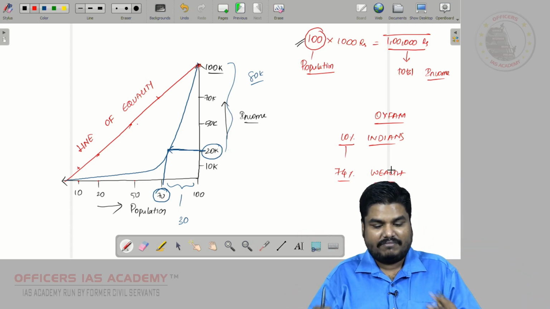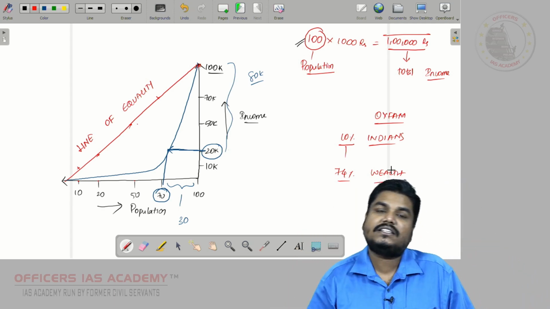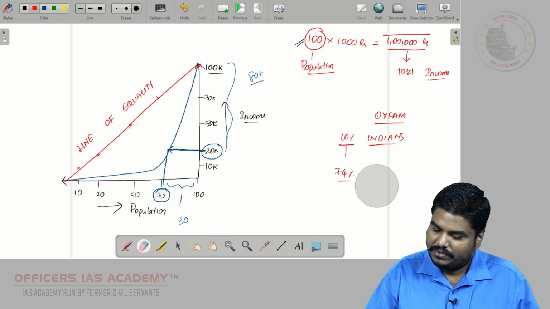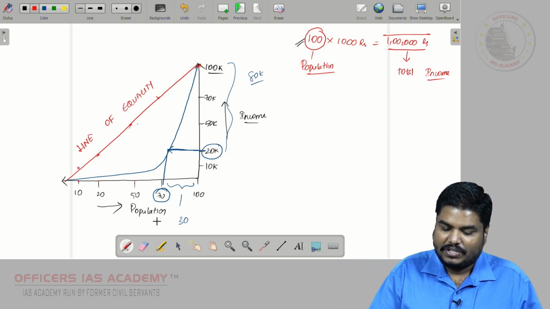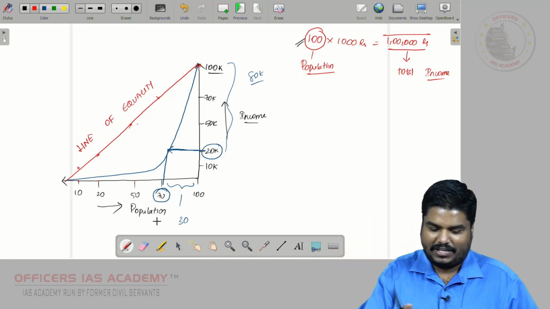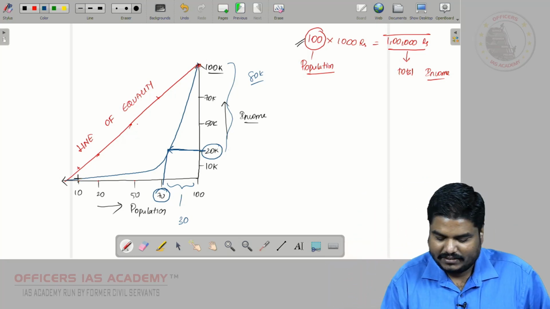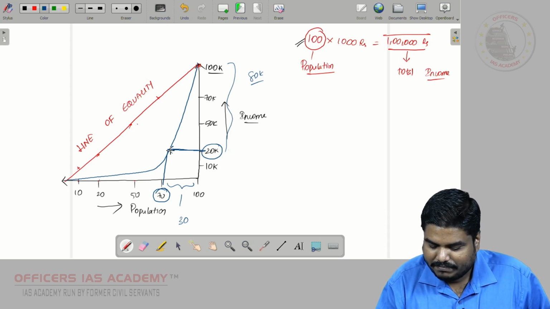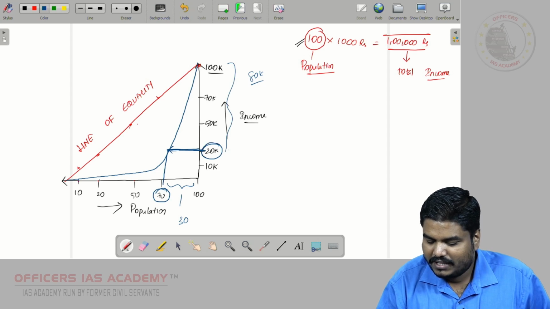This is Indian statistics according to the Oxfam report. So in reality, you go to any country, you will not find a line of equality. You will find inequality only. You will find a curve like this. So what does this curve say? Almost 70% of people are able to earn only 20,000 rupees.